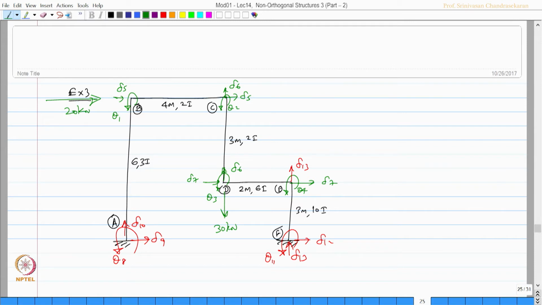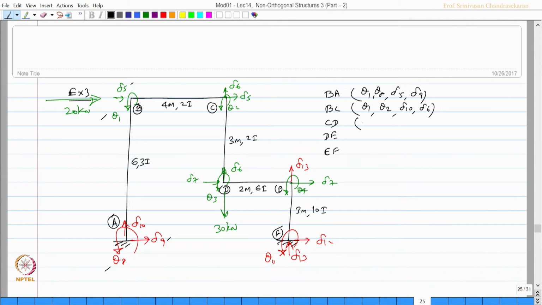We already said that the members BA, BC, CD, DE and EF have the following labels, which is theta 1, theta 8, then delta 5 and delta 9, is it not? Similarly, BC theta 1, theta 2, 10 and 6.